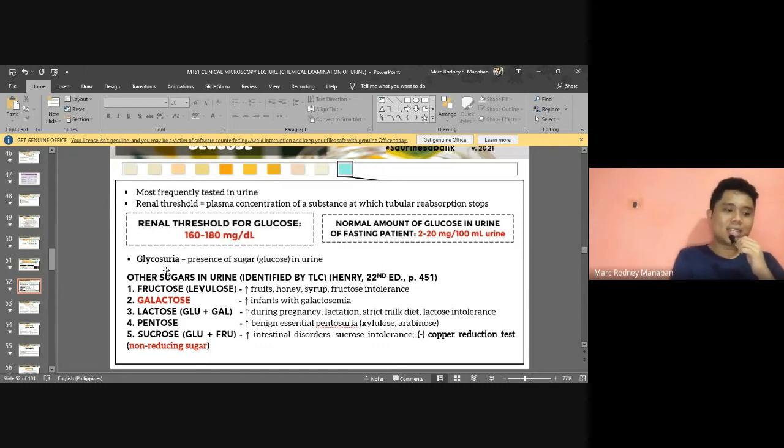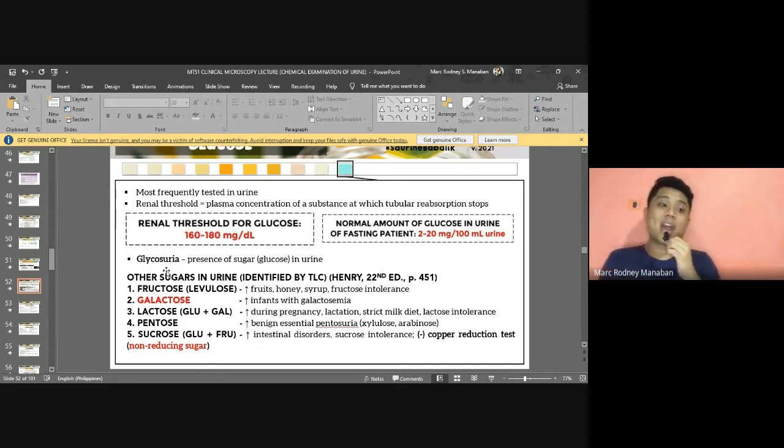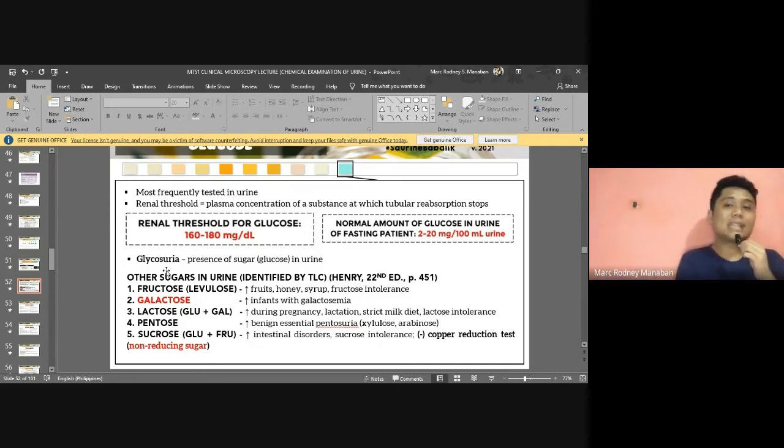So it is recommended that for patients less than 2 years old, the urine is screened for the presence of galactose. They perform tests to detect galactose, because again, the presence of galactose in the urine of infants indicates a problem in the metabolism of galactose, which is an inborn error of metabolism, which we will discuss in the metabolic disorders in the later part of our lectures.